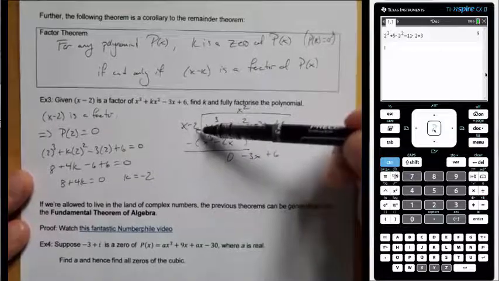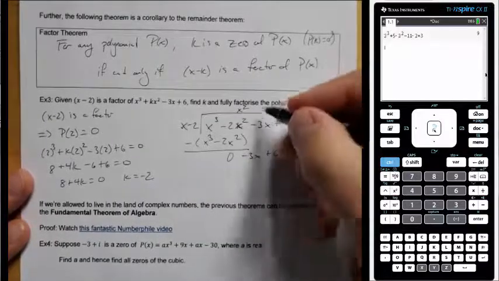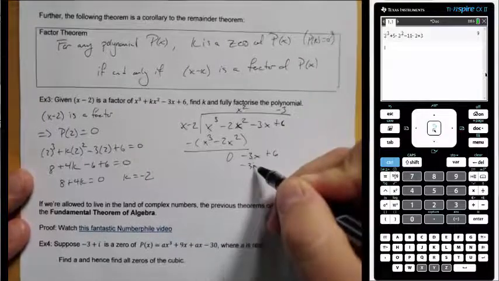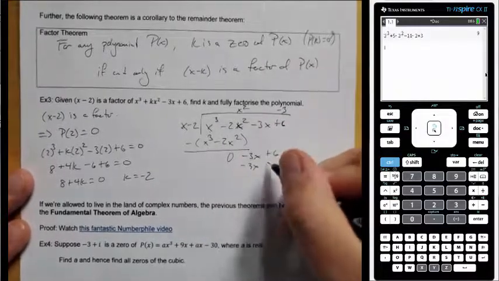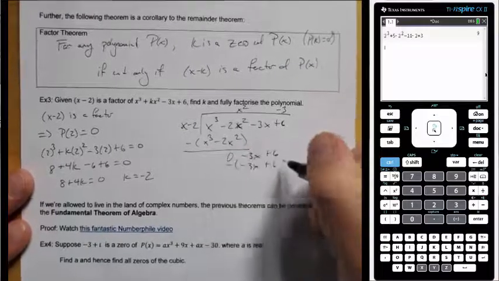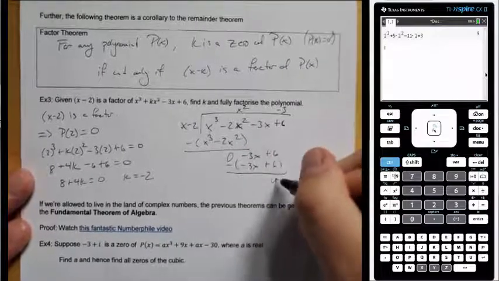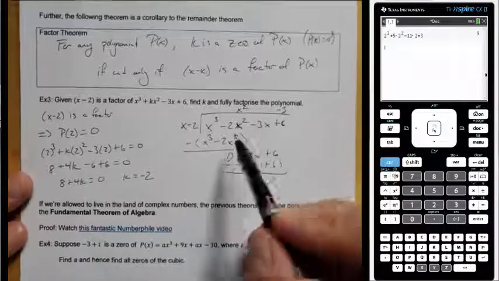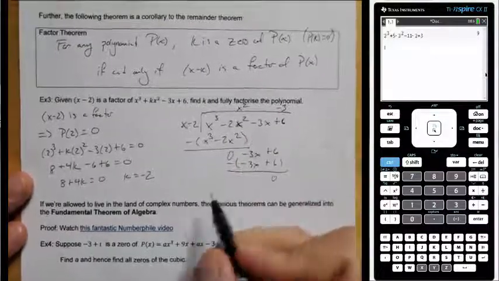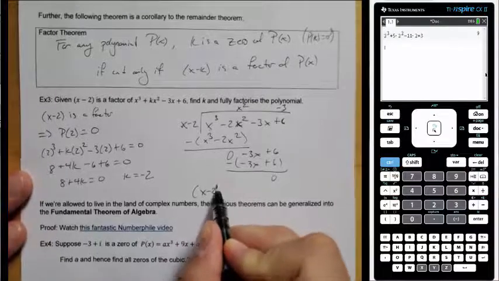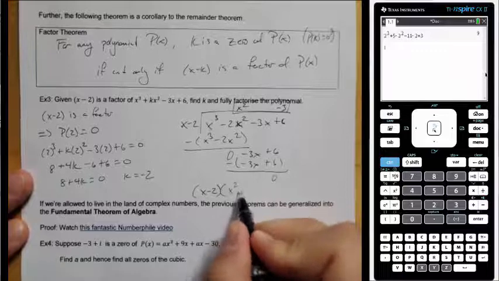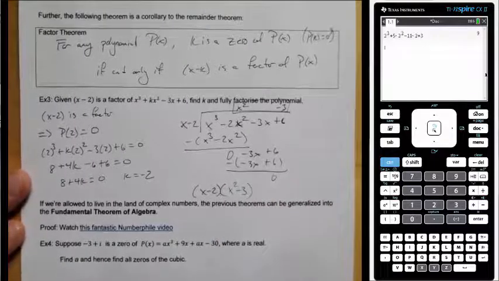I need to multiply x by minus 3 to turn it to minus 3x. Minus 3 times x is minus 3x. Minus 3 times minus 2 is positive 6. When I subtract, what do you know? I get 0. What this tells me is that this polynomial can be written as x minus 2 is a factor, and x squared minus 3 is also a factor.